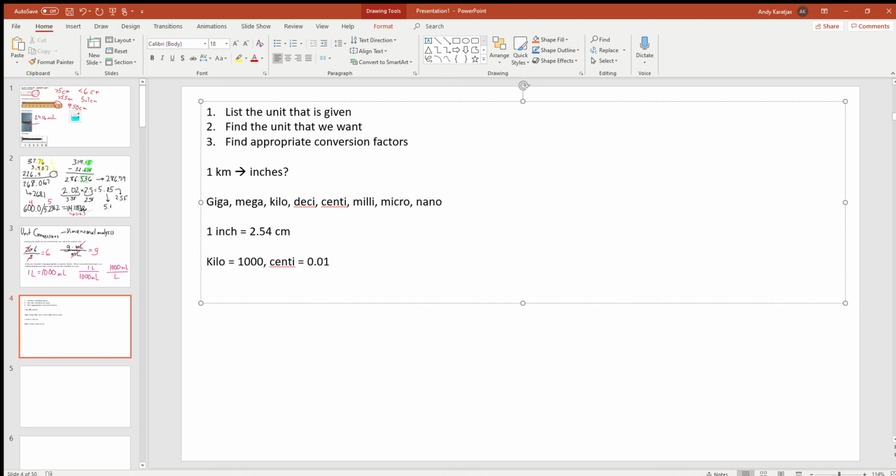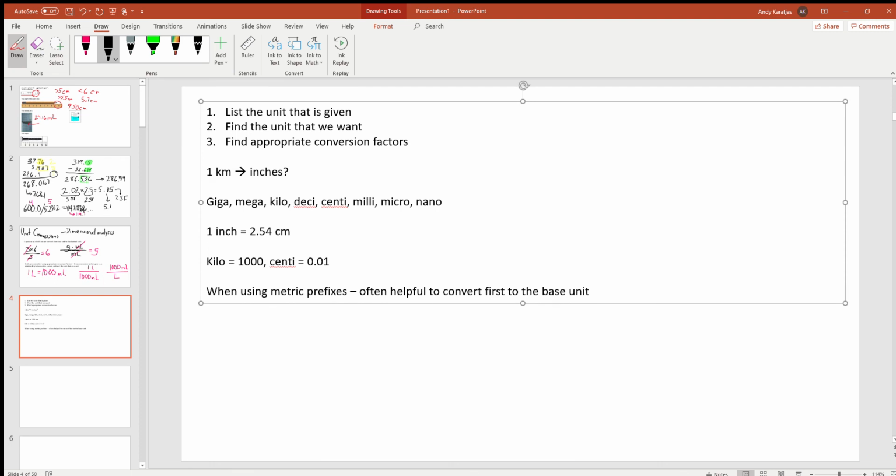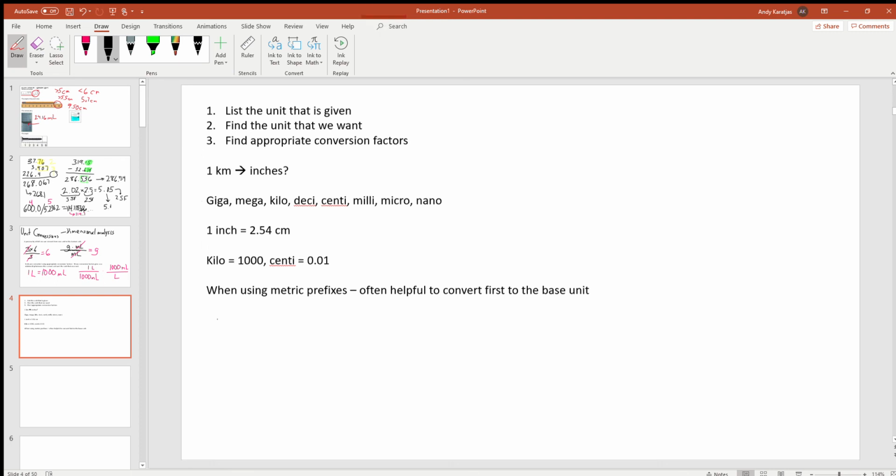So when we're dealing with different metric prefixes, it's often helpful to convert first to the base unit. So what will that look like? Here we're in kilometers.